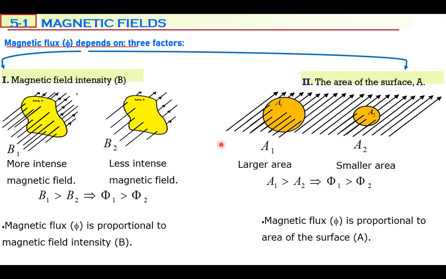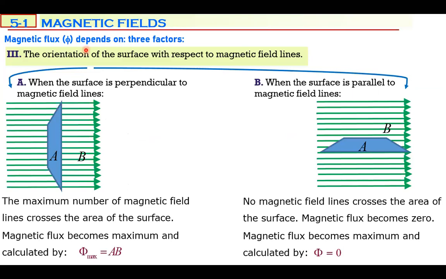And the third quantity is the orientation of the surface with respect to the magnetic field lines. So I choose equal areas and equal magnetic fields. But in one of them, the area is kept perpendicular to the magnetic field lines. When the surface is perpendicular to the magnetic field lines, so many lines are crossing this area. But if you keep an area parallel to the magnetic field lines, almost no lines cross the area.